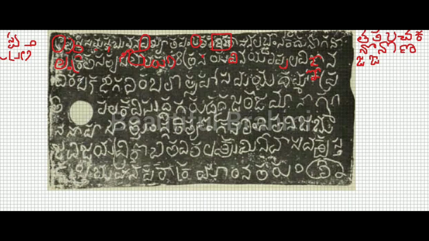Veera. Then ba, we have a ba over here. We'll come back to this particular symbol. I'm not very sure of what this symbol really means. So Veera. Then it says ba.